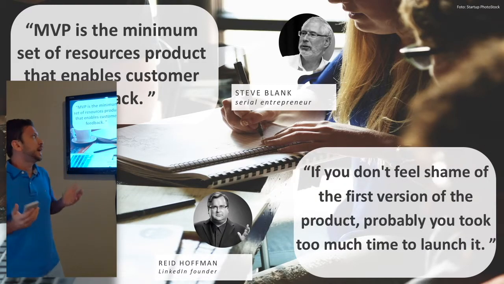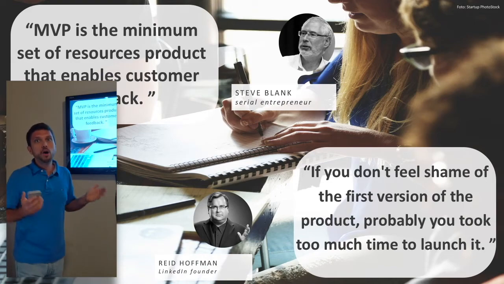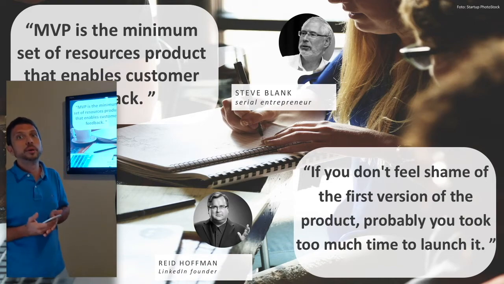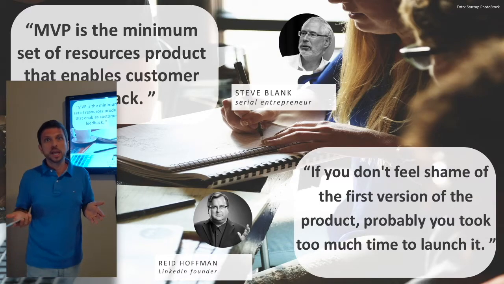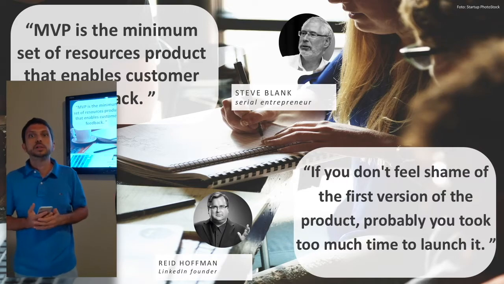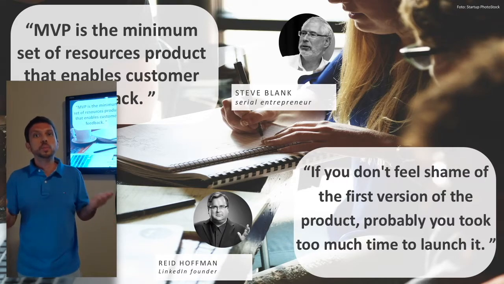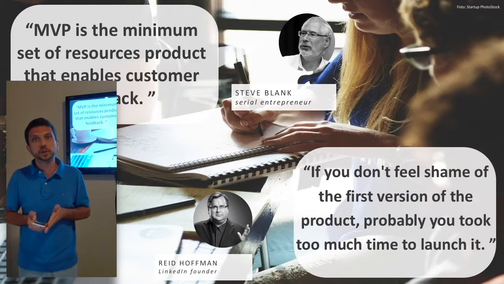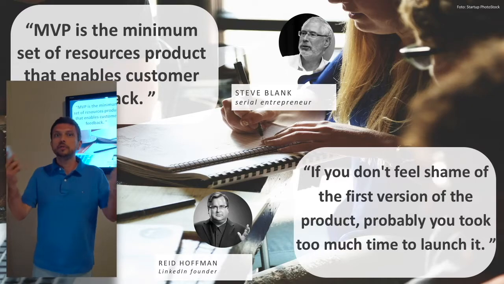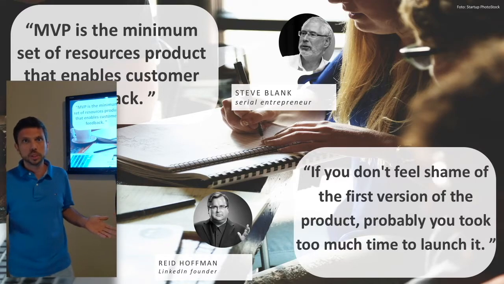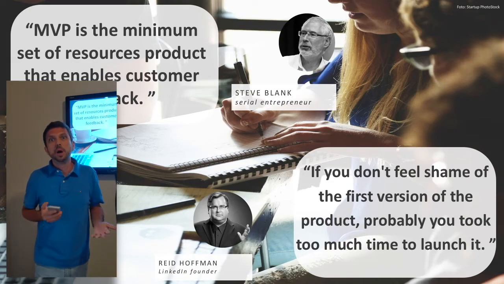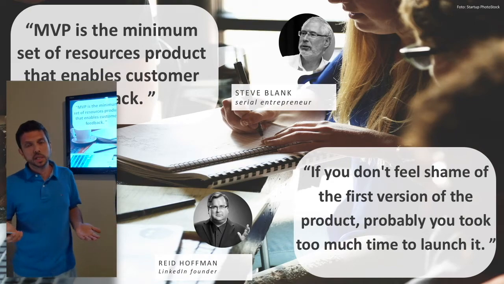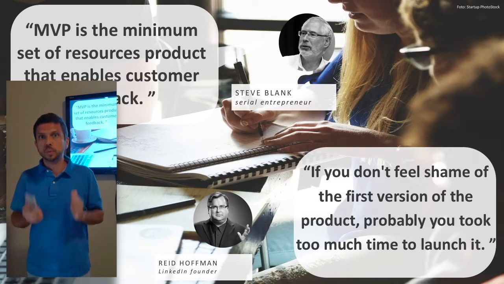Hoffman said that if you don't feel shame about the first version of your application, you took too much time to launch it. And it's so correct, because in today's world, if we take so much time to launch the first version, probably a competitor will do it before me, because everybody has access to all the technology we need, and everybody is studying the same marketing and having the same ideas. So being fast is really important here.